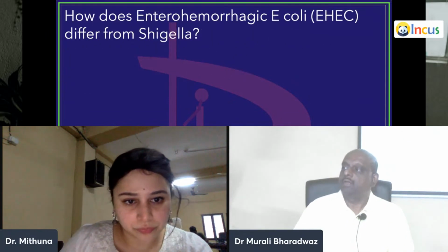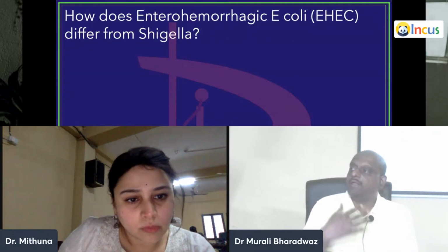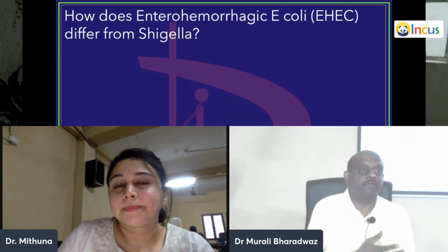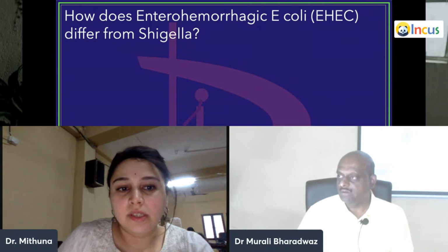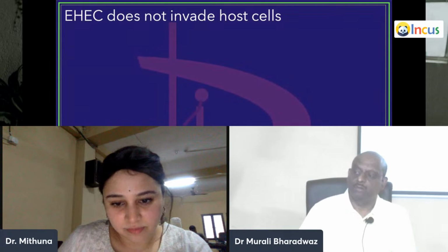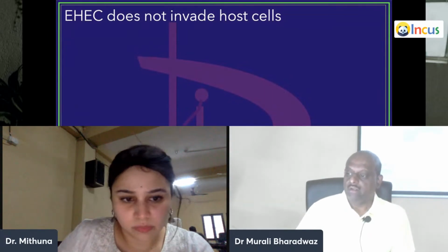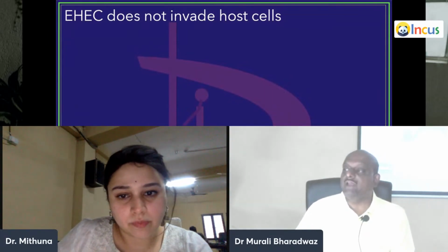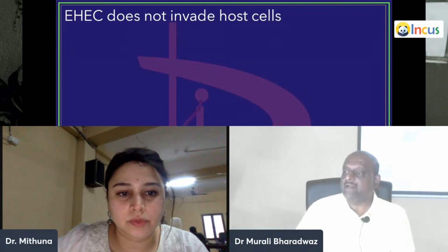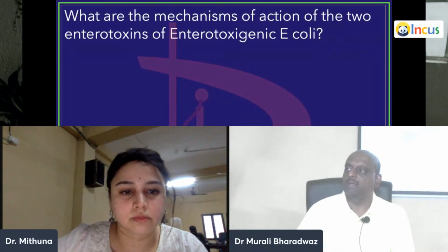Very good. How does enterohemorrhagic E. coli, earlier also I asked this, differ from Shigella, doctor? It doesn't invade the whole cell. EHEC does not invade the host cells, whereas Shigella does invade, which is the fundamental difference between the two.